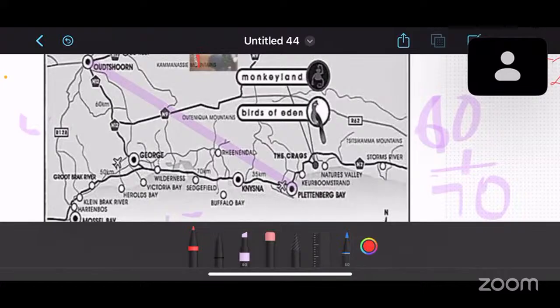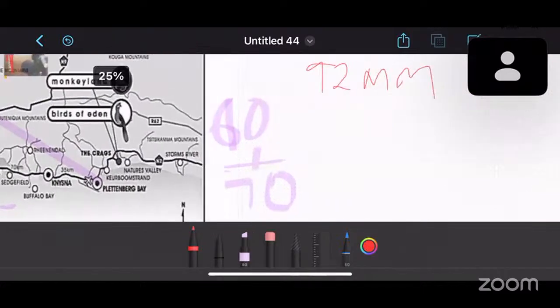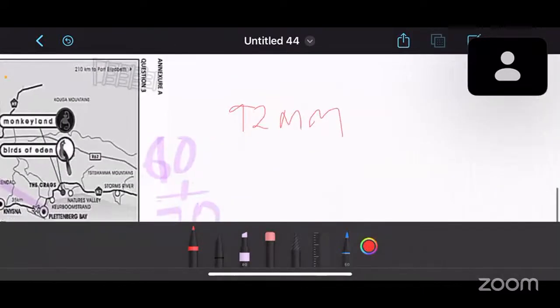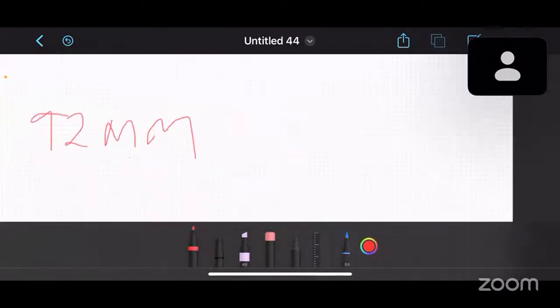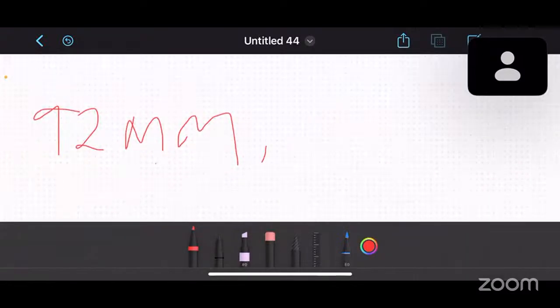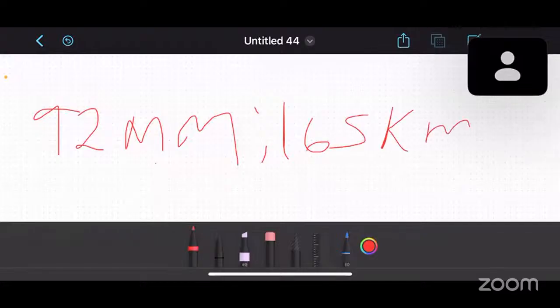So 130 plus 35 is going to be 165. So our ratio would be 92 millimeters is to 165 kilometers.